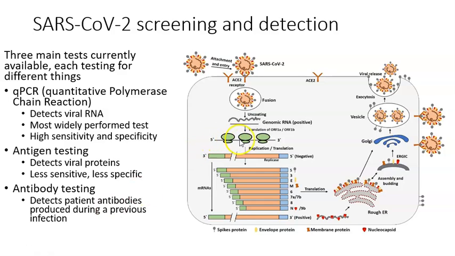So the viral RNA here is detected by quantitative polymerase chain reaction, and I will only really burden you with polymerase chain reaction, not the quantitative elements to this technique. And this detects the viral RNA. It's the most widely performed test. It's the one that you see on the government dashboards as most commonly used for diagnosis.